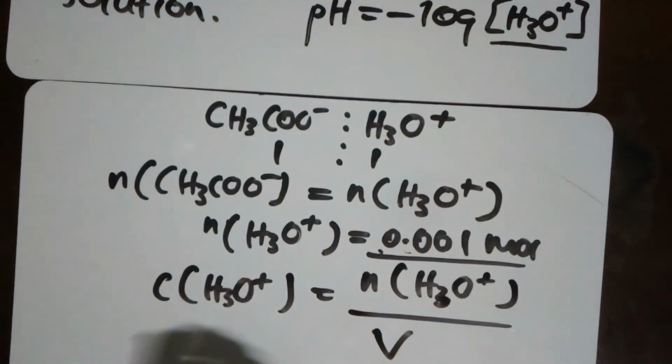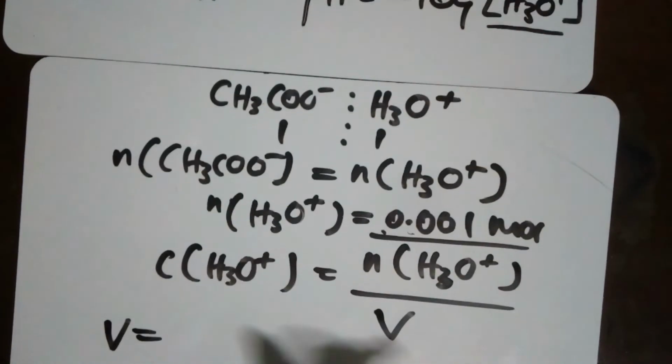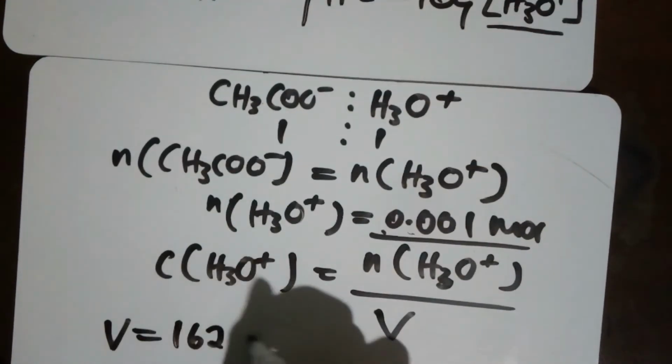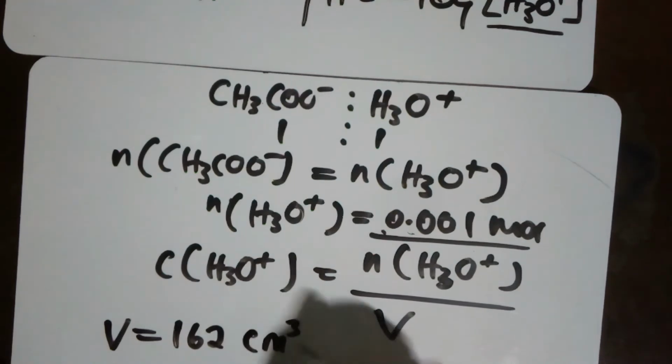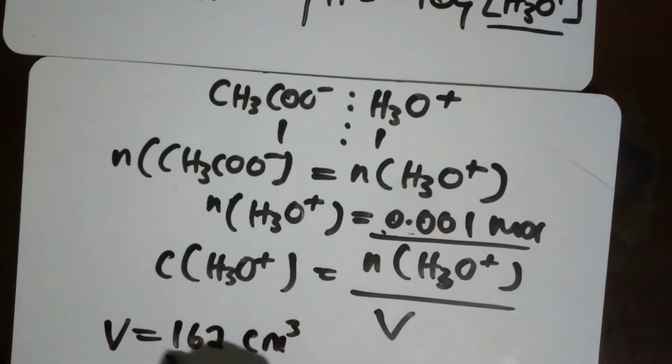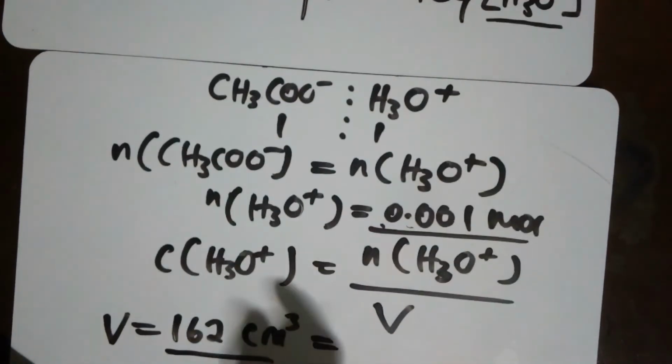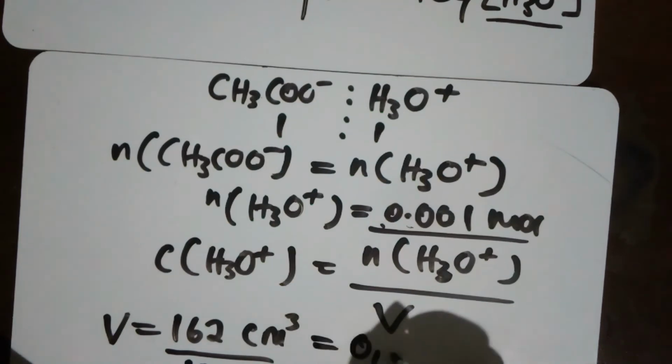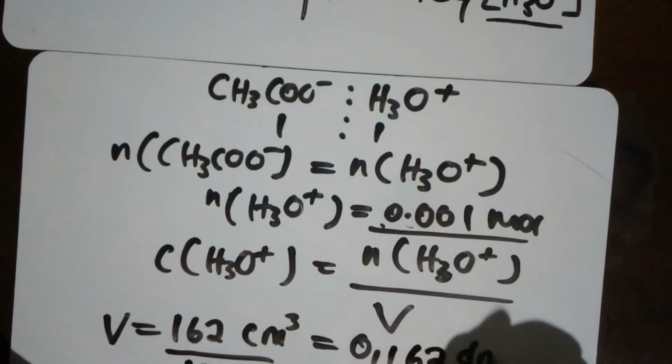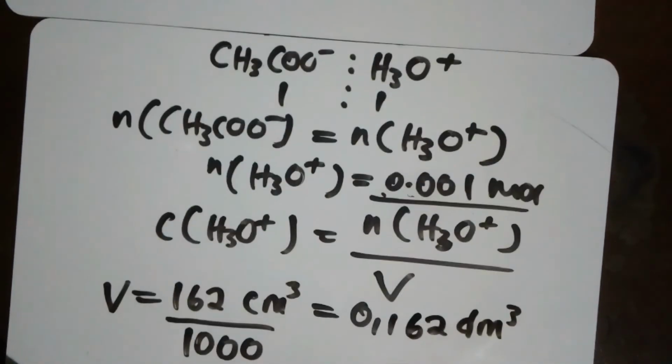The volume of that solution was given to us as 162 cubic centimeters, right? But we can't use it this way. We have to first convert it to cubic decimeters. To do that, we simply divide by 1,000, and how much do we get? We get 0.162 cubic decimeters.